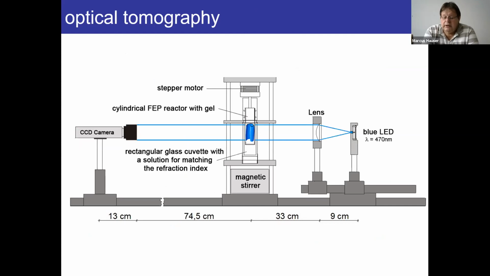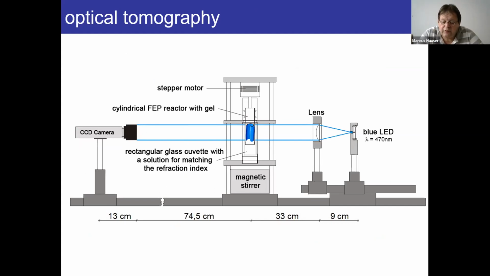What we are doing in the experiment is we have some optical tomography, where we have a small reactor which is rotating at a certain speed. We have a blue LED light, and we take images at intervals of 1.8 degrees, and we take 100 pictures to have 100 projections.